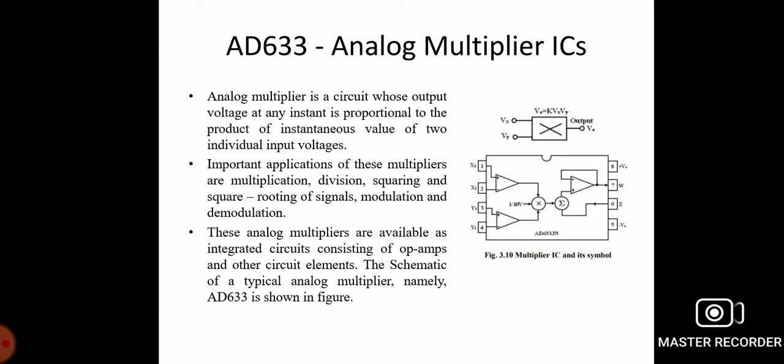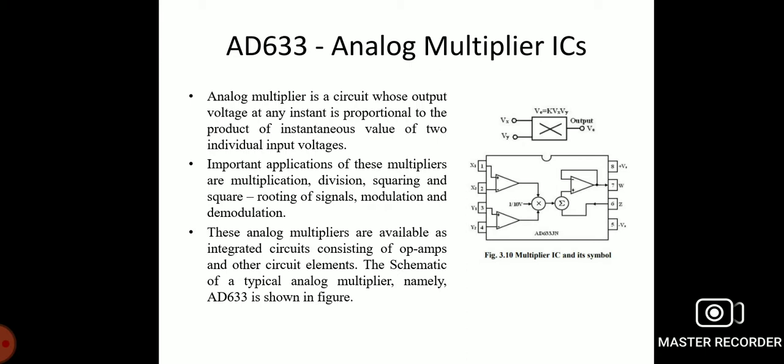So we see the schematic of an analog multiplier using the AD633 integrated circuit. The AD633 multiplier is a four quadrant analog multiplier. It possesses high input impedance.